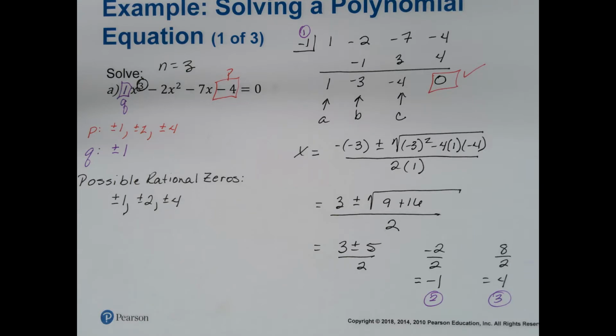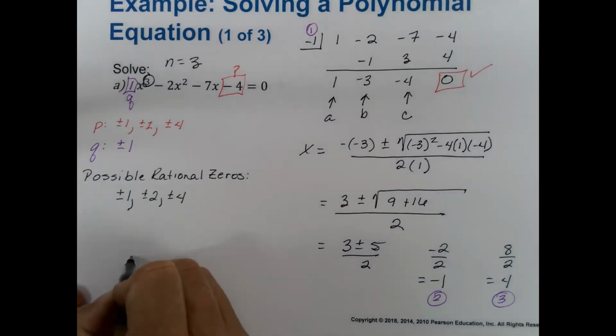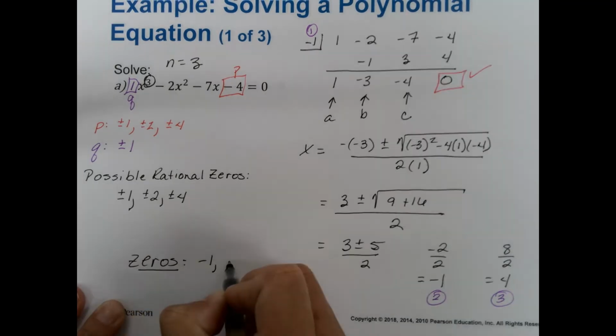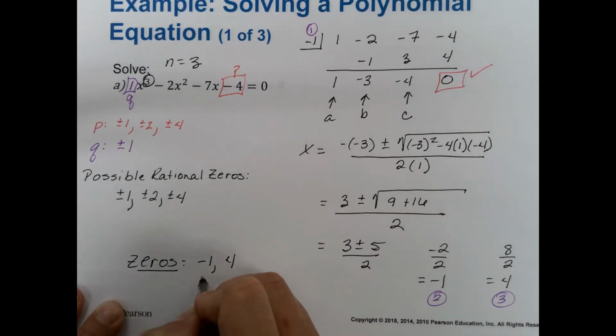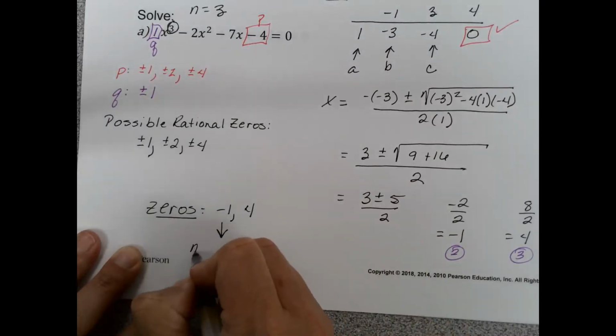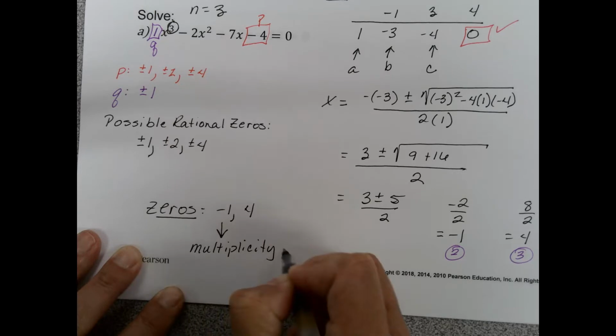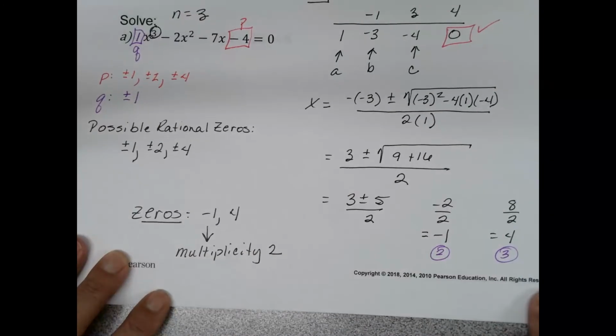So the actual zeros are -1 and 4. You might just write down that this one is a multiplicity 2, because it happened twice.